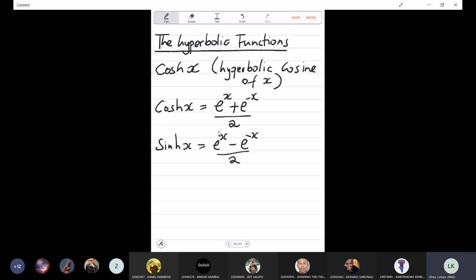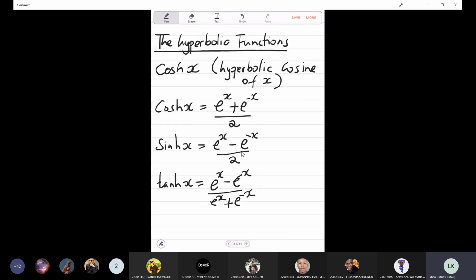So the hyperbolic tan of x, this is e to the power of x minus e to the power of minus x over e to the power of x plus e to the power of minus x. So if you take this function divided by that one, the division will change to multiplication.